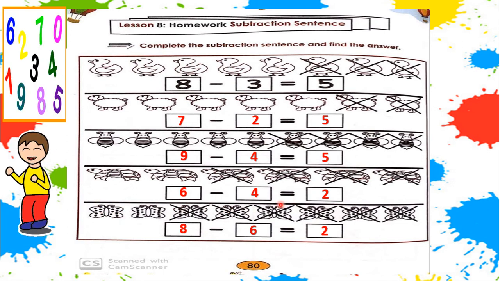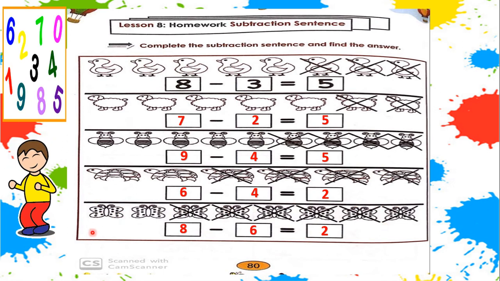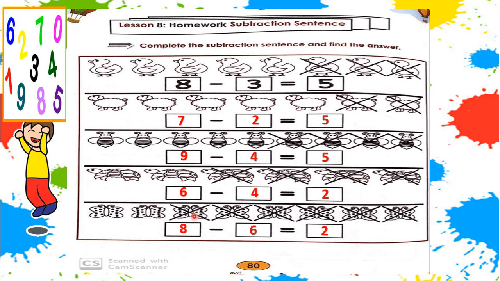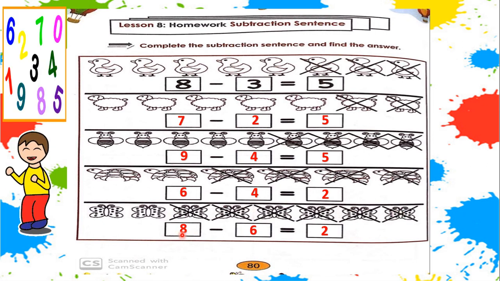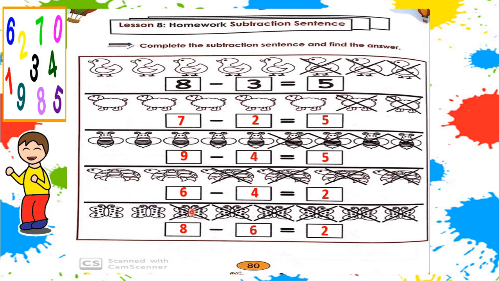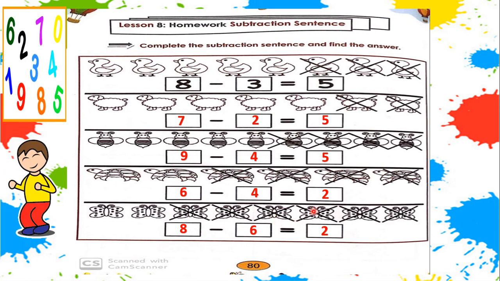Okay. Now this time, let's go to the last box. We have here the butterflies. So again, the first thing that you need to do is to count all the objects. 1, 2, 3, 4, 5, 6, 7, 8. So you have here 8 minus, you take away, let's count the number of x's. 1, 2, 3, 4, 5, 6.